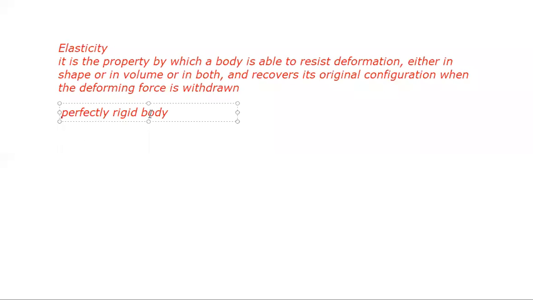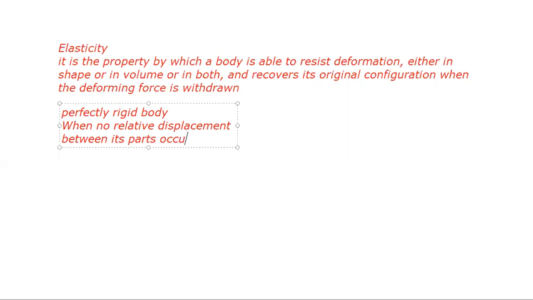Perfectly rigid body. A body is said to be perfectly rigid when there is no relative displacement between its parts under the action of a deforming force.